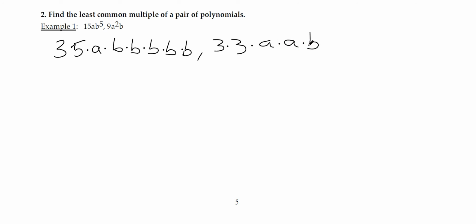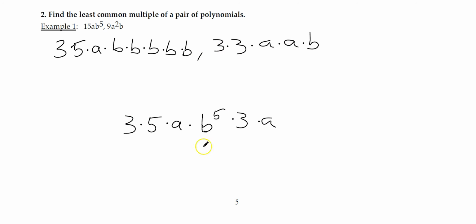Okay, so creating the least common multiple, each term gives every factor that it has. So this has a 3 and a 5, so our answer has a 3 and a 5 and an a and 5 b's. Now the next one has two 3's. Now one 3's already contributed, but the next one can contribute the extra 3 and an extra a.